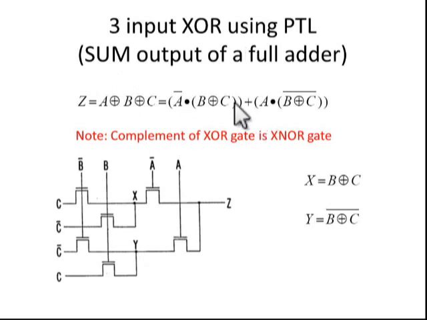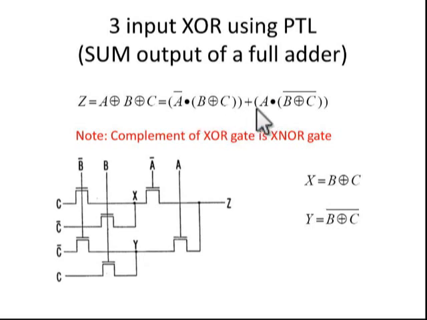So what we have to do first is expand that. Now we can take B XOR C as X. So if you have A XOR X, if you expand this, A bar dot X bar plus A dot X bar. If you replace X by B XOR C, you will get this expansion.